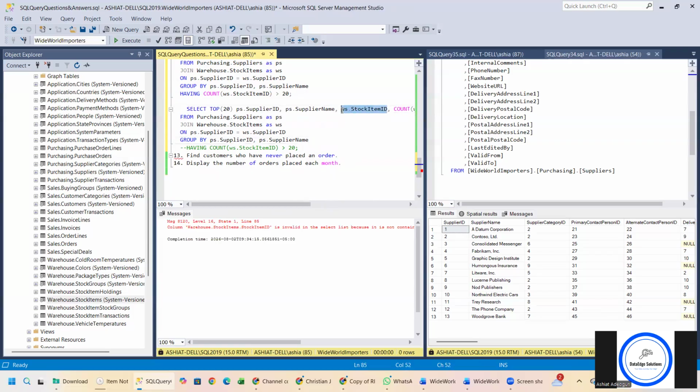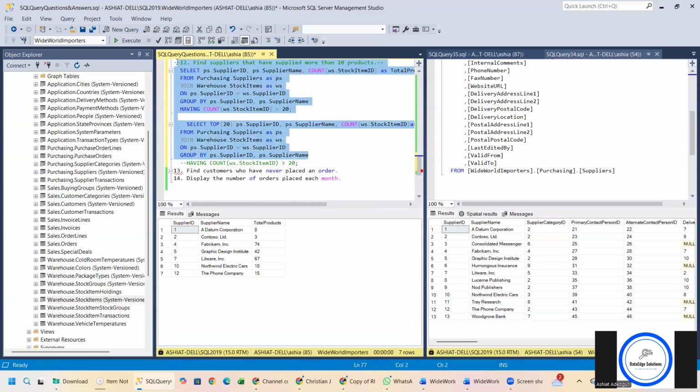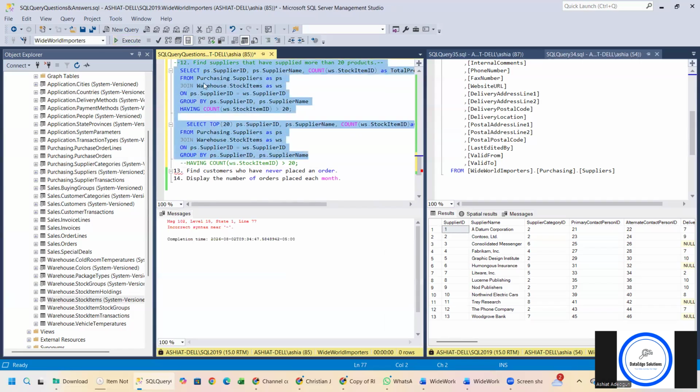I think we should count, if we want to count supplier. Let's go and run it and compare the results.